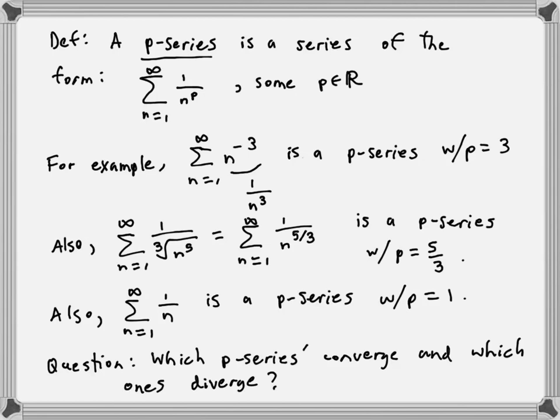Because certain p's are going to make the series really small or really big, so it's probably going to change whether it converges or diverges. It turns out we can use the integral test to answer this question once and for all, and this will give us a nice tool that we're going to use from now on whenever we talk about p-series, okay? So this leads us to a theorem.